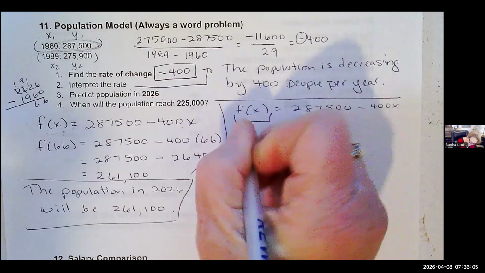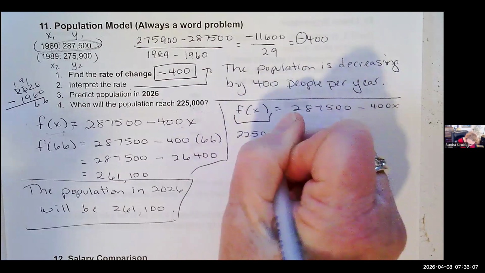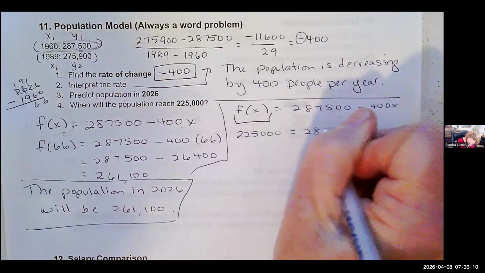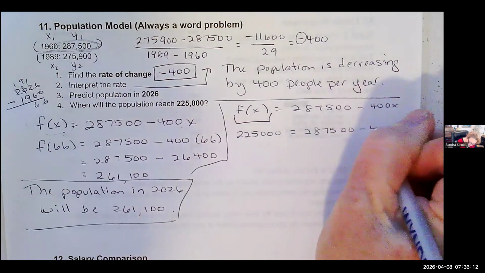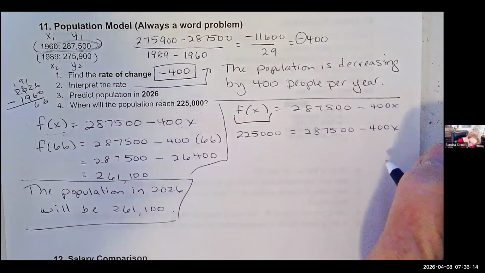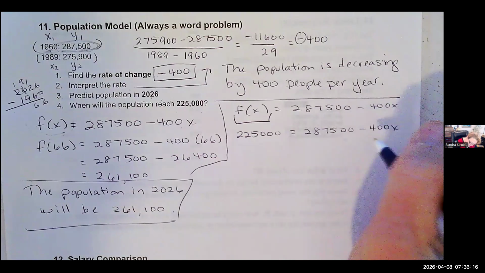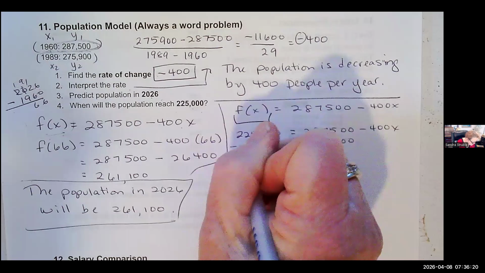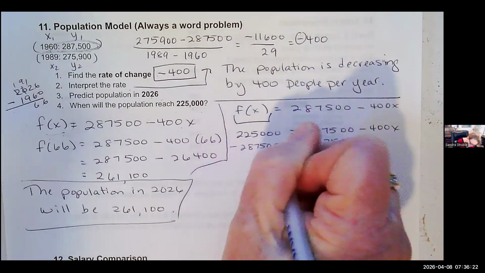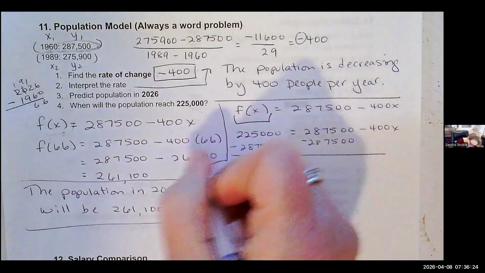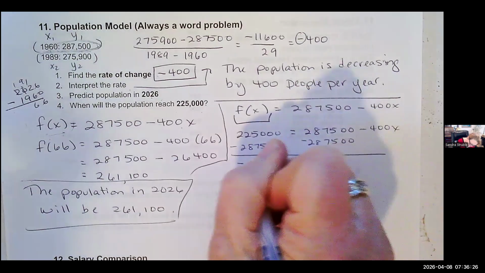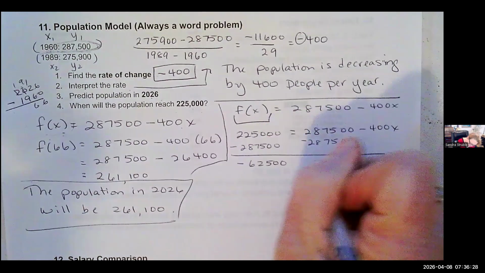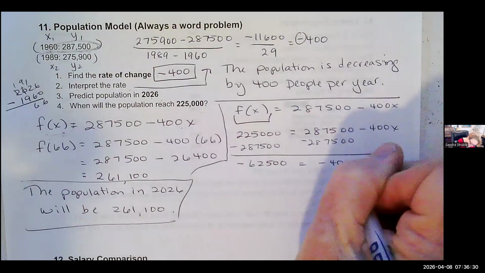There's the substitution. Rewrite everything else and then just solve for x. Let's just subtract 287.5. And I got negative 62.5. Divide both sides by negative 400 to solve for x.